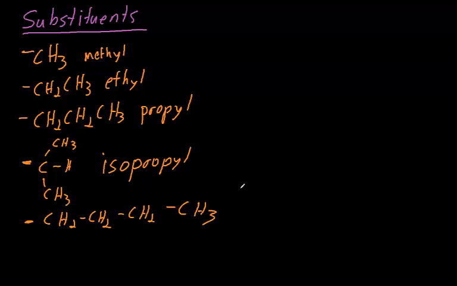This is butyl, like butane, but with the YL substituent ending, also known as n-butyl. And that n means normal, which basically means that it's straight chained, so it's bonded to this first carbon over here.